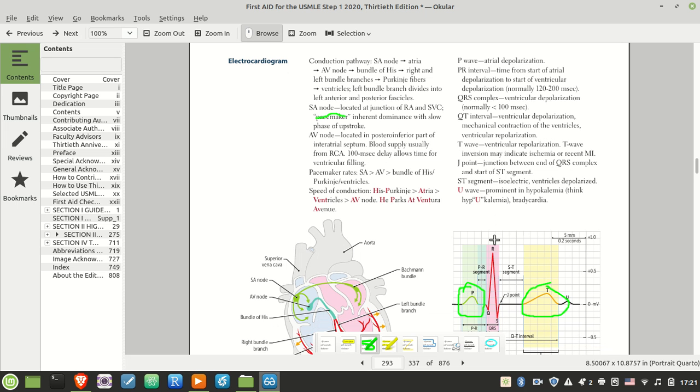All right, so back to the beginning. P wave, atrial depolarization. Okay, way cool. The PR interval has to do with the time from the depolarization of the atria to the depolarization of the ventricles.